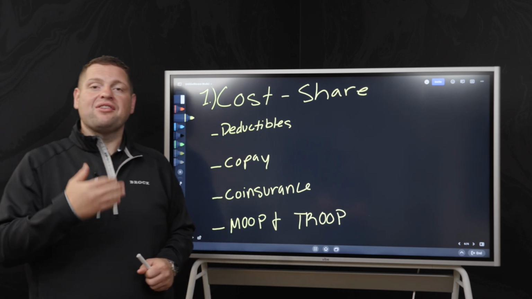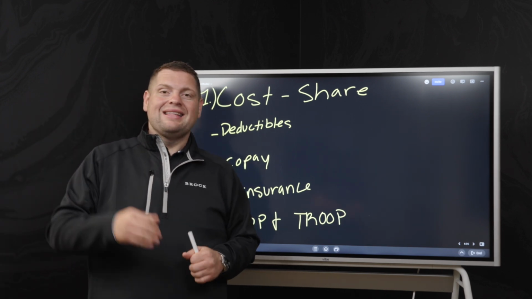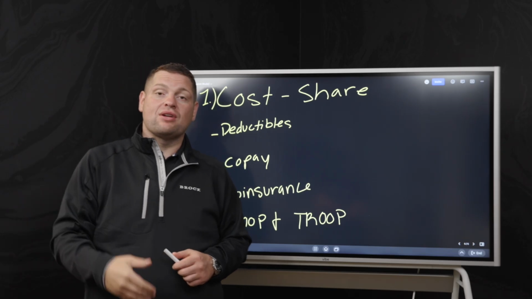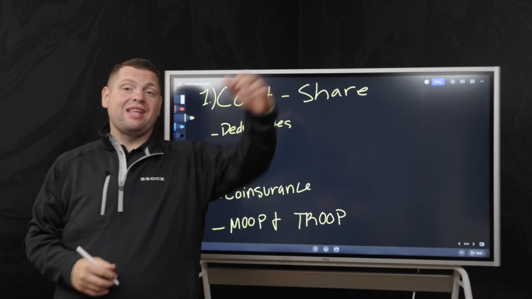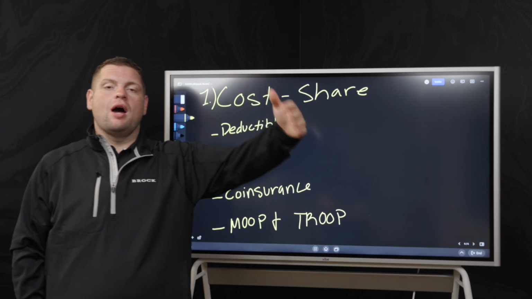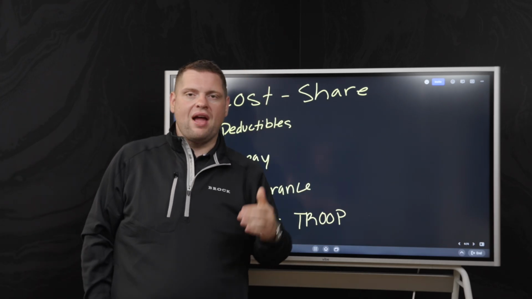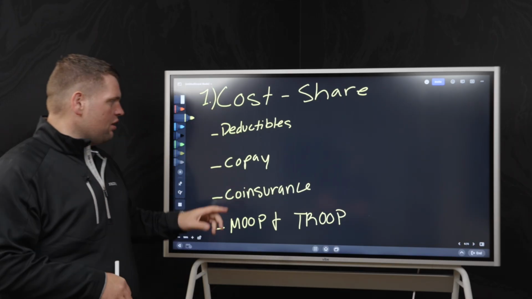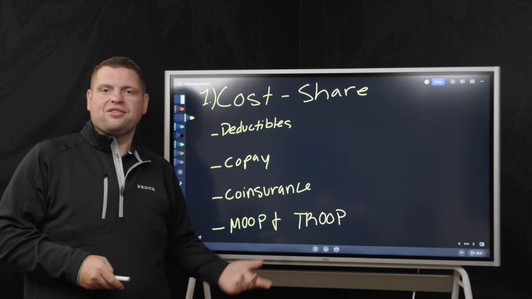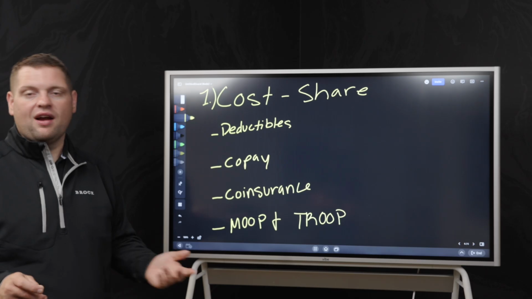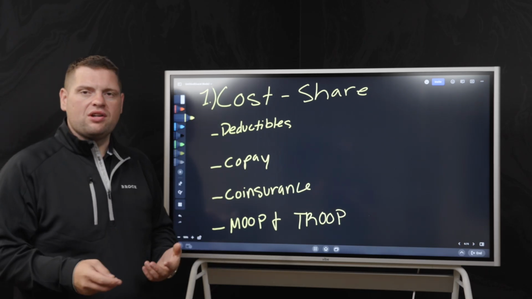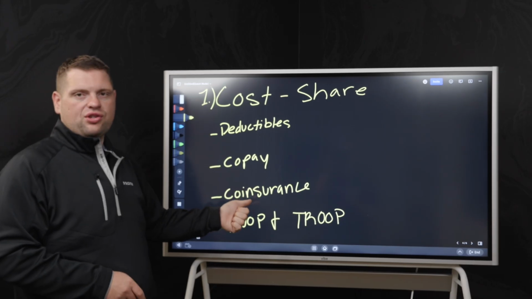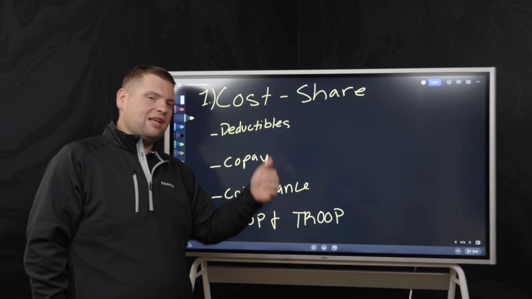If I have a $10,000 maximum out of pocket, $10,000 is the cap that I would spend towards medical and hospital services. Once I reach that out of my pocket, the insurance company would pay 100% from there on for that calendar year. So let's break this down a little bit. If I have a $2,000 deductible, which typically you don't on a Medicare Advantage plan, I pay $2,000 for my services, and then let's say I have a coinsurance, and that coinsurance takes me the rest of the way to $10,000 out of my pocket.